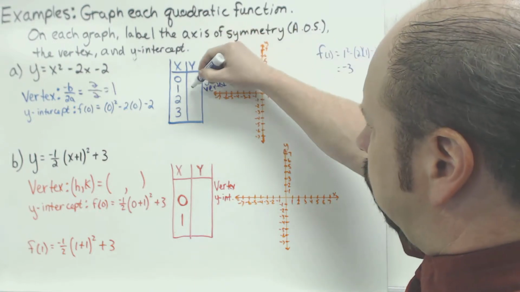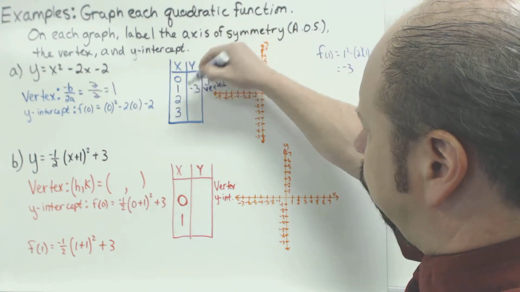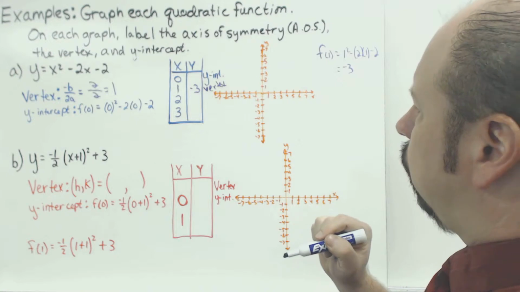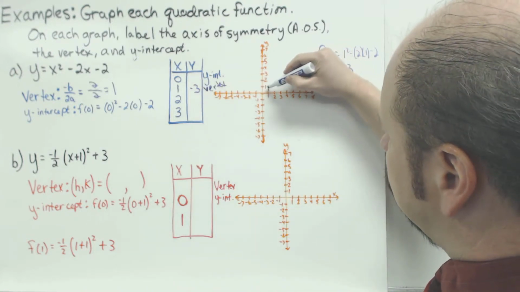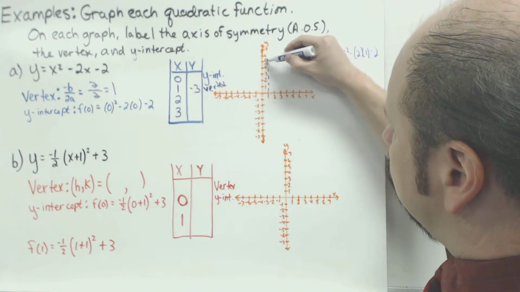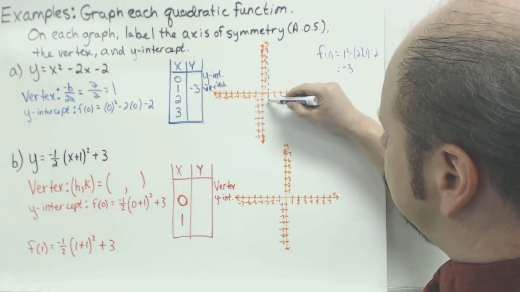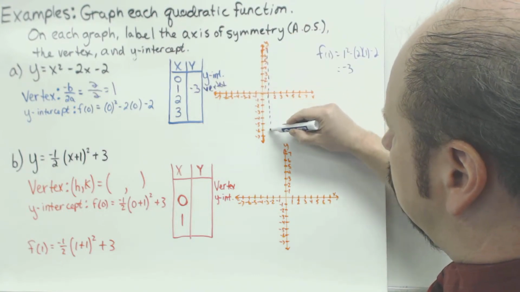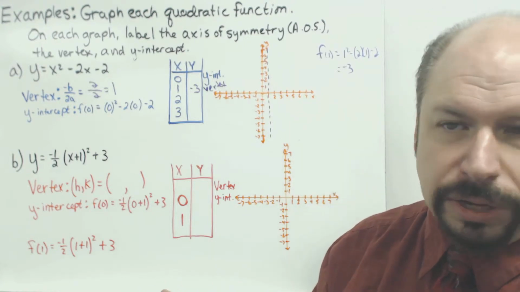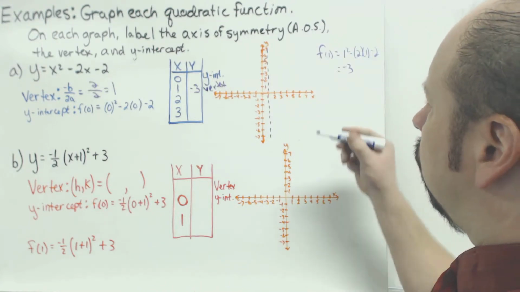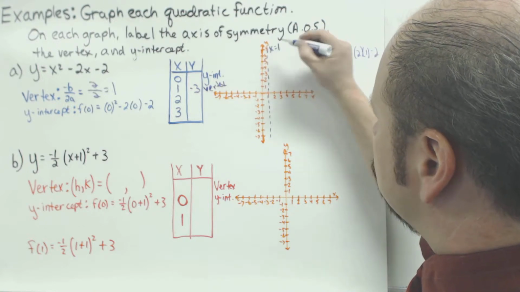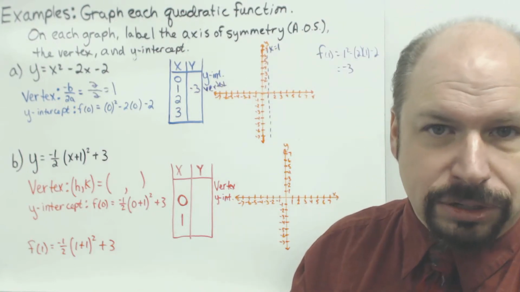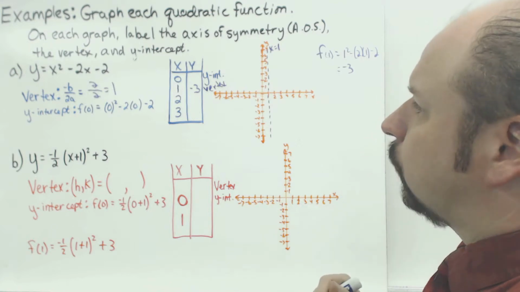So this is at (1, -3). Okay, and we know our axis of symmetry is at x equals 1. So I'm going to go ahead and just draw in our axis of symmetry on our graph. Okay, so we have the axis of symmetry. And I'm going to go ahead and label it as x equals 1, because that is the equation of that vertical line, x equals 1.